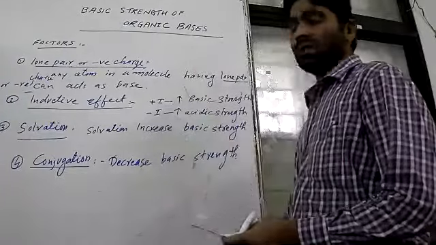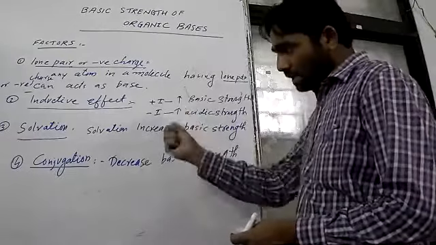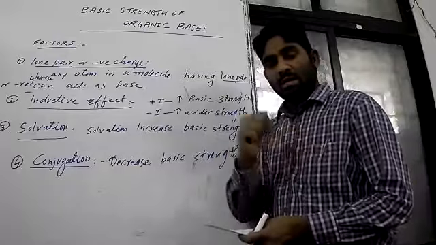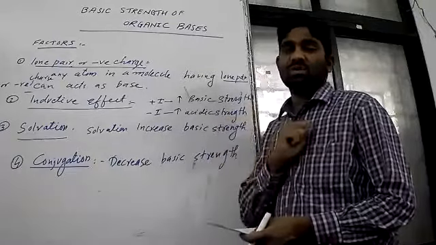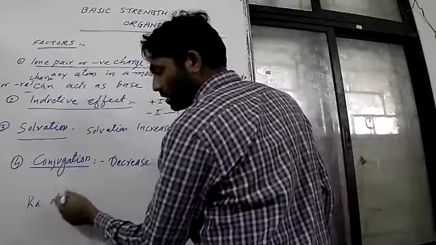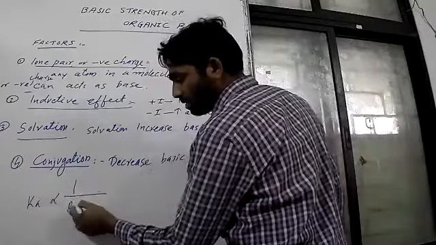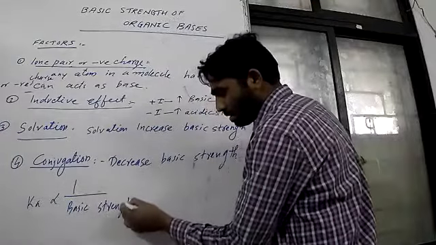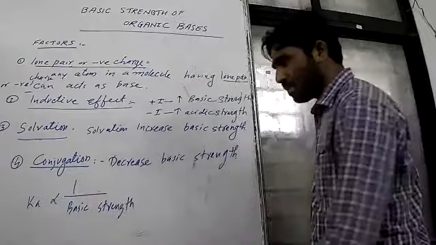These four factors collectively or individually decide the acidic or basic strength of the compound. And definitely we know Ka is inversely proportional to basic strength. Remember, why?